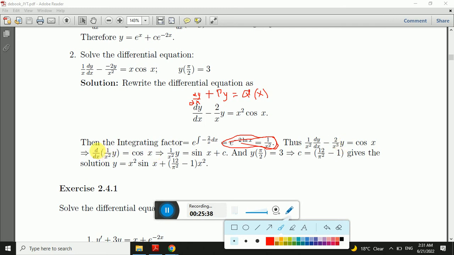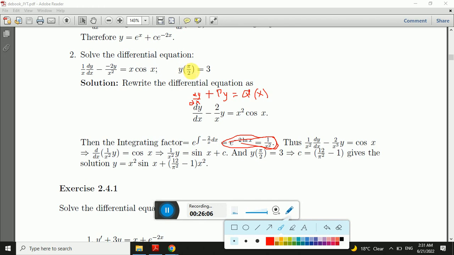So that's why d dx of 1 over x squared y is equal to cos x. Multiply both sides by dx and then integrate. You end up with 1 over x squared y equals sine x plus a constant.